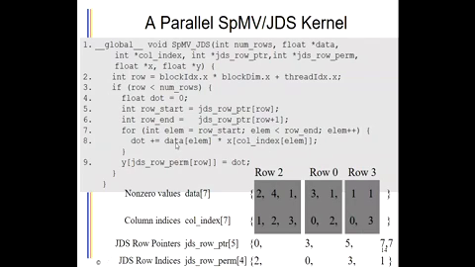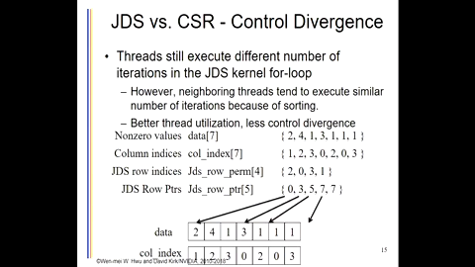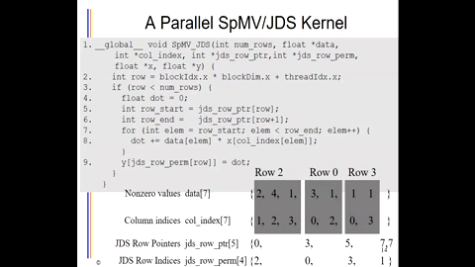So you will use element to access the data, and just like the CSR, you will use the column index selected by the element to access the X vector, right? Because the original column number gives you the X element index that you should be using. So this is exactly the same as CSR, right?